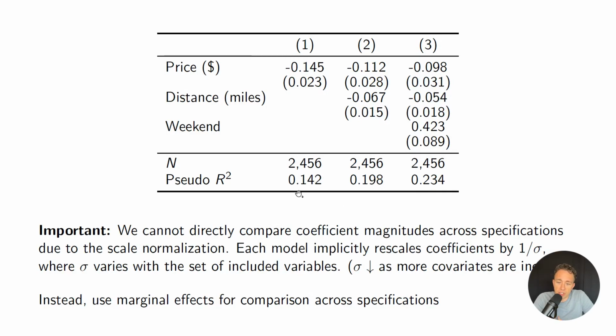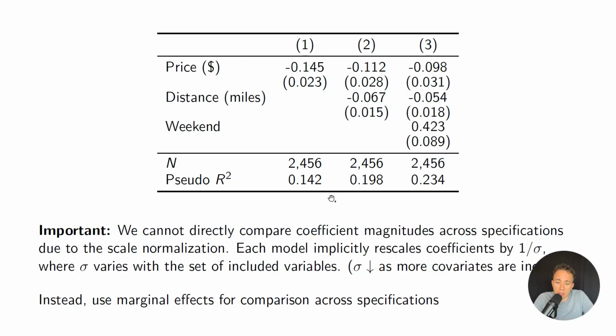And so the question is, can I say that the effect of price on this utility maximization condition is getting smaller as I add more controls? Well, the answer is we just don't know, because we can't compare the numbers in column 1 with the numbers in column 2 or column 3, because each model has its own sigma that it's implicitly being divided by.